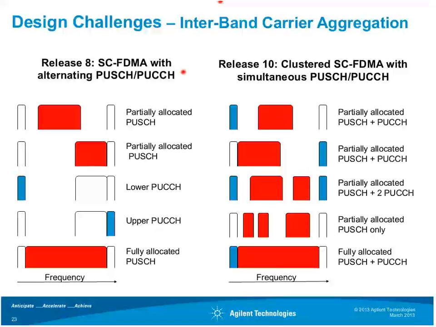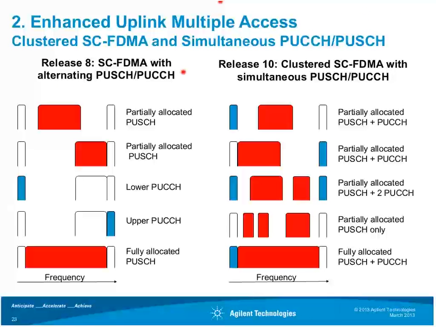So in Release 8, over here are Release 8 scenarios, and each one of these are different potential scenarios. Only one signal is transmitted in the uplink bandwidth. So this is the data channels information, and the blue are the control channels.